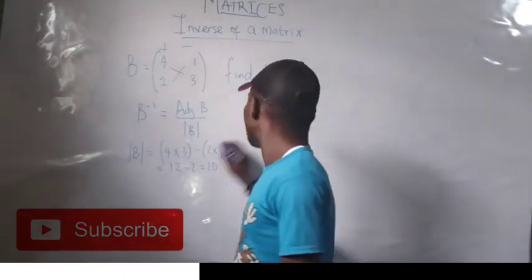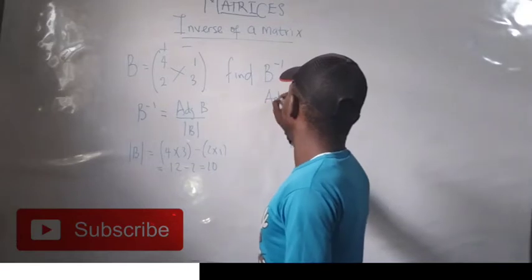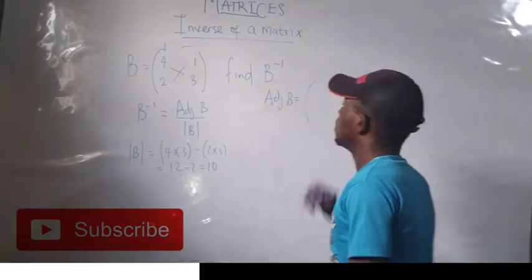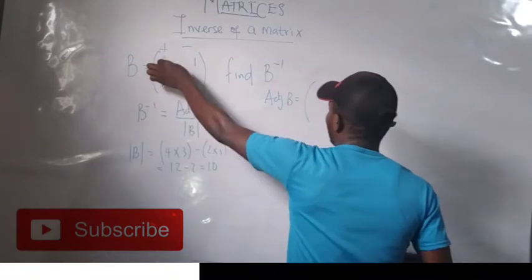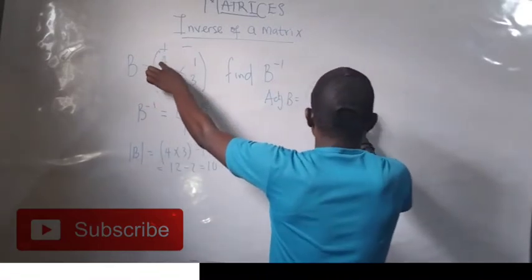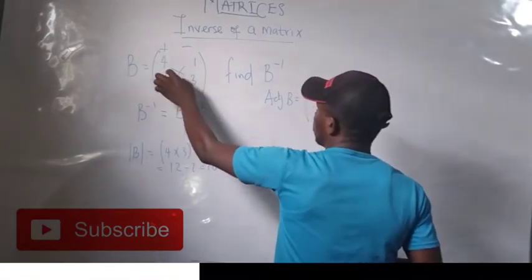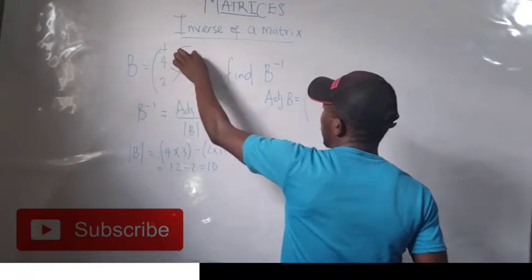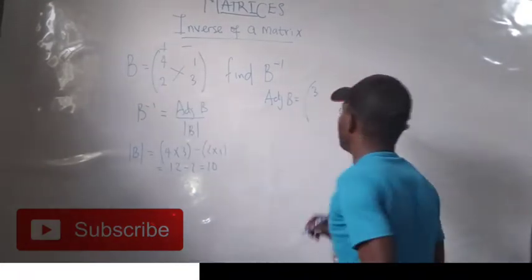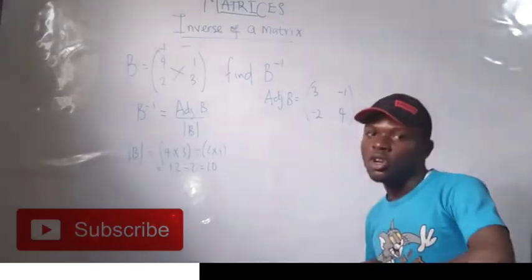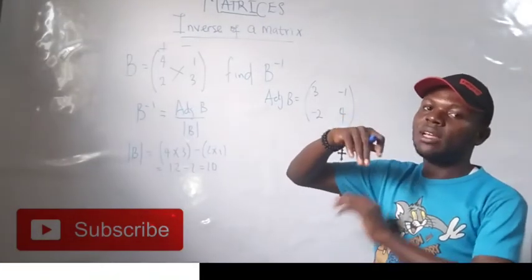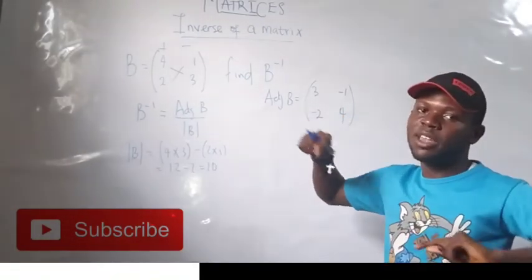Meanwhile, to solve for the adjoint of matrix B, all you need to do is to swap the positions of the main diagonal so that you have 3 and 4 here, and as a result of that, the other two entries will be multiplied by a minus symbol. So I have minus 2 and minus 1. It's just a simple principle: swap the numbers of the main diagonal and multiply the other diagonal with a minus symbol.